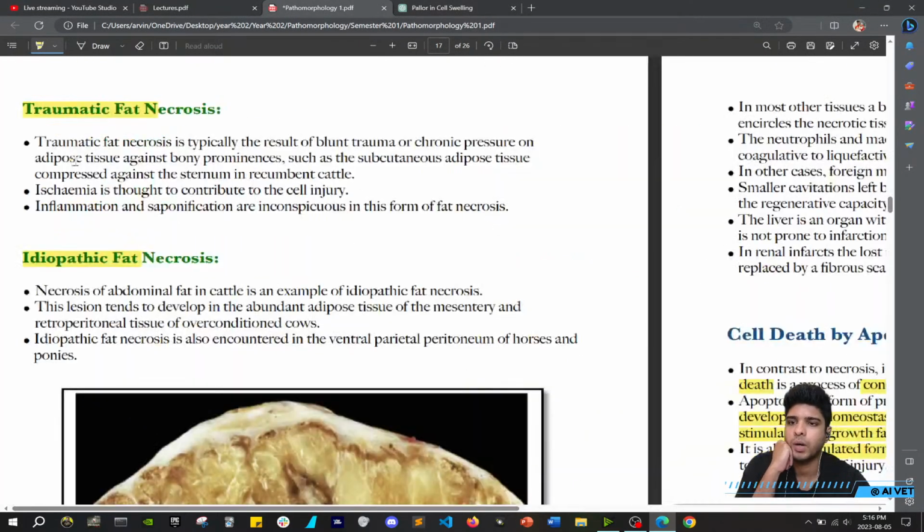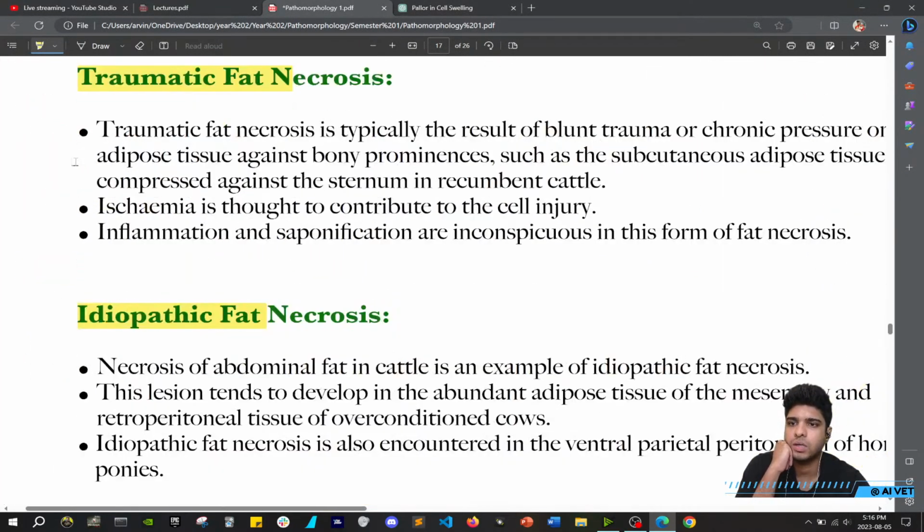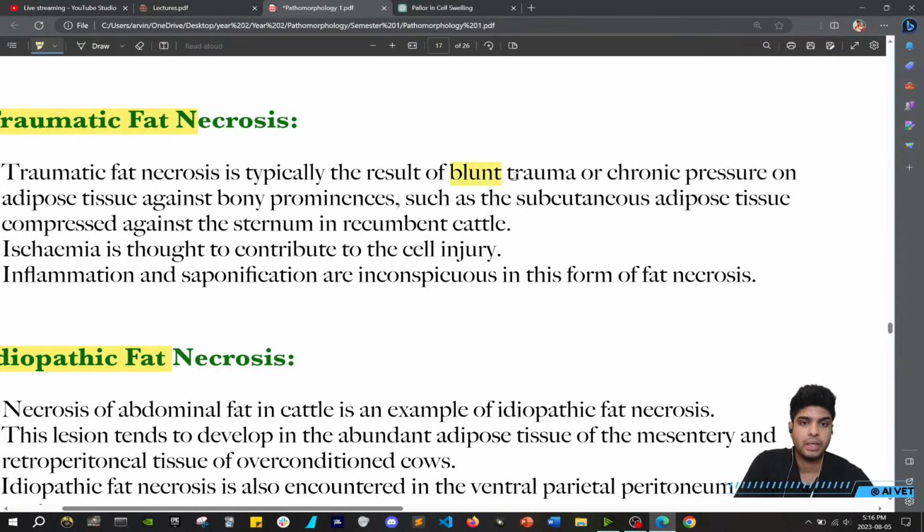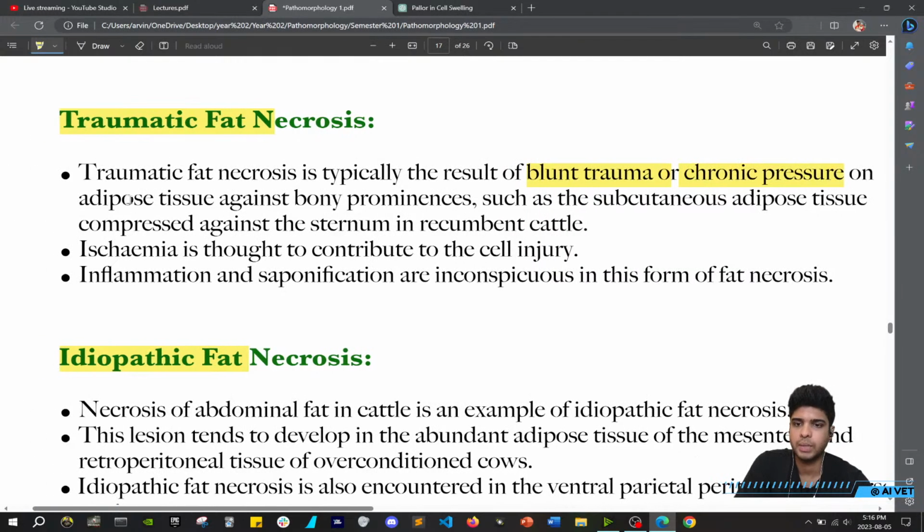So let's do traumatic fat necrosis. Traumatic. Blunt trauma, or chronic pressure on adipose tissue against a bony prominence.